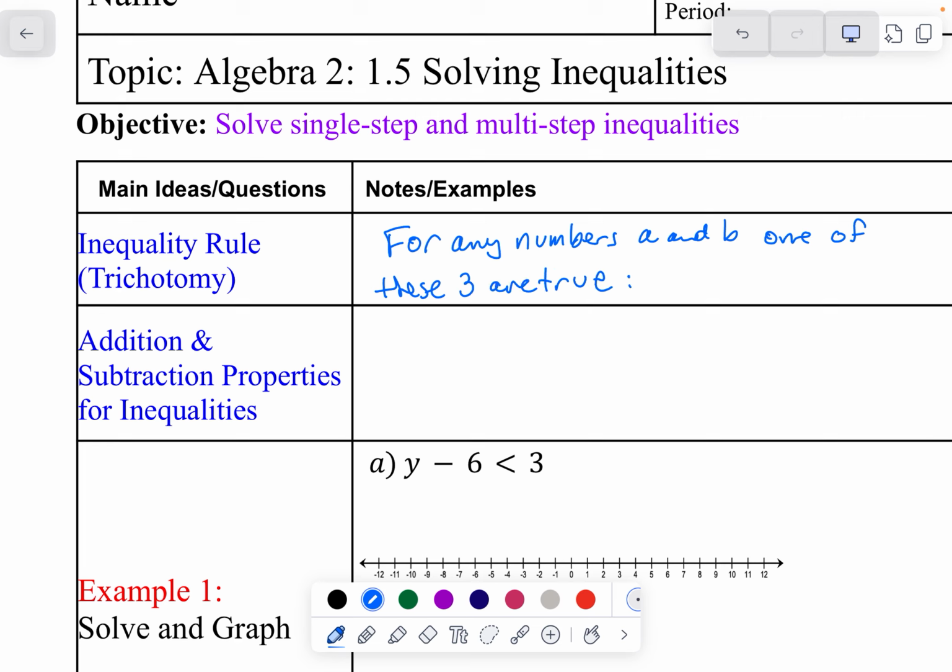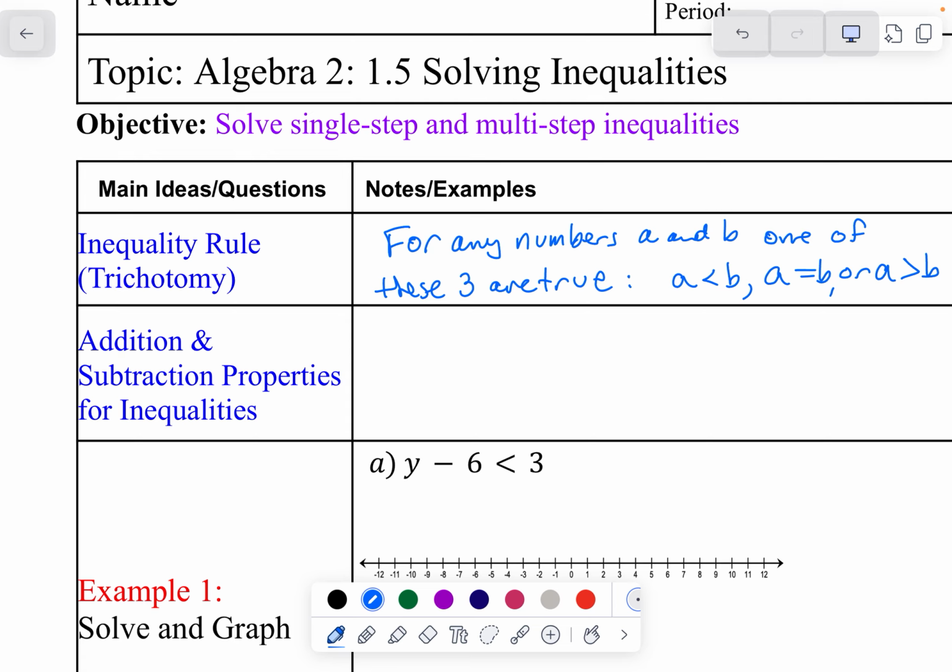Either A is less than B, A is equal to B, or A is greater than B. Only one of those things can be true.